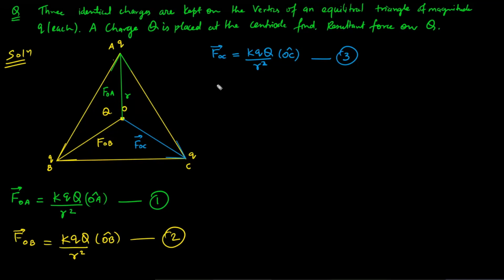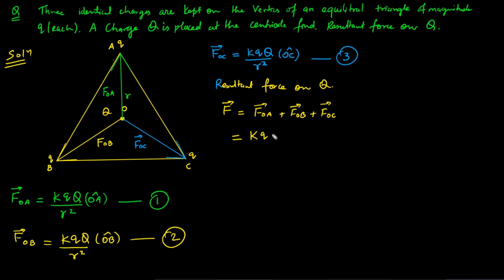Okay. Now the resultant force on capital Q will be F OA plus F OB plus F OC. The common thing is k q Q upon R square, and this is OA cap plus OB cap plus OC cap.